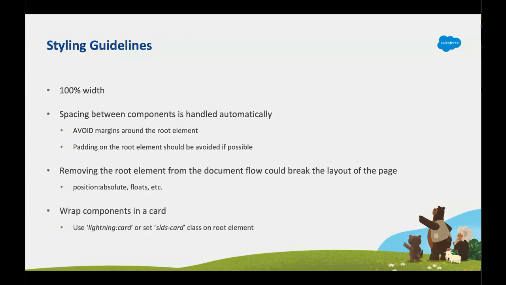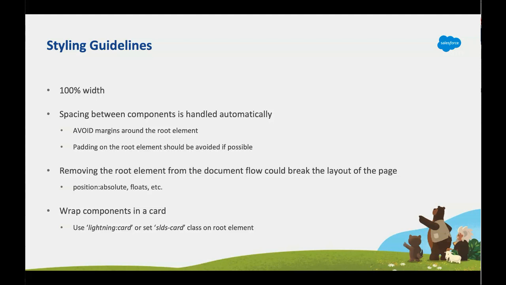And lastly, wrapping components in the SLDS card class or using the Lightning card component, which is a base component. The reason we recommend this is there are certain other platform features such as org theming and custom app theming that let you control aspects of the app, such as a background at a global level.